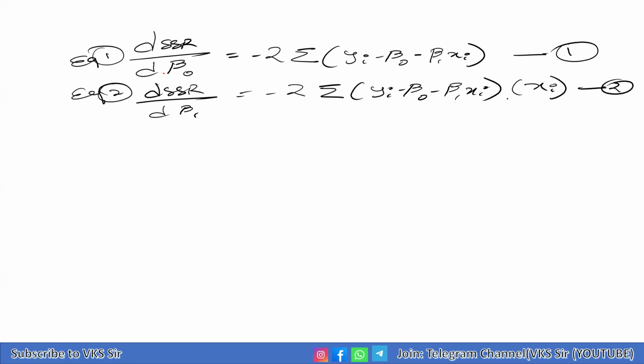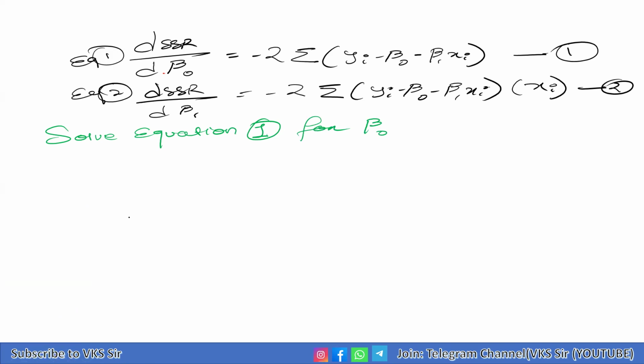Now let's solve equation 1 for beta naught. The goal is to find beta naught. So now we have to solve equation 1 for beta naught.